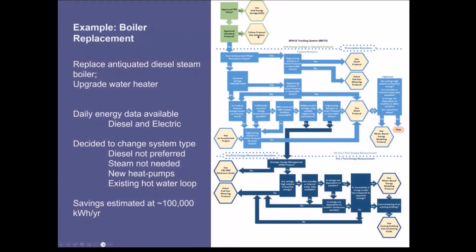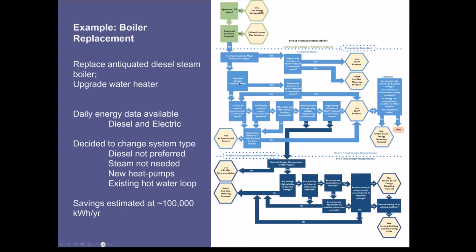I think the first thing we would do is we want to eliminate the UES and the standard protocol. There is the antiquated steam boiler, understanding how that steam boiler actually performs is very much a mystery. And so developing engineering calculations regarding how that diesel boiler operates was deemed really untenable.